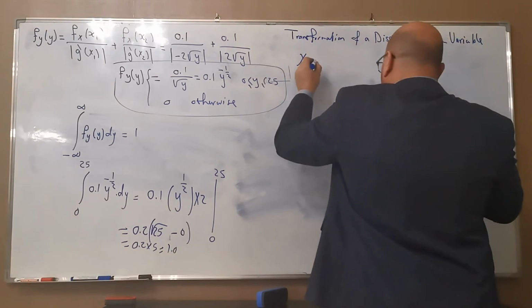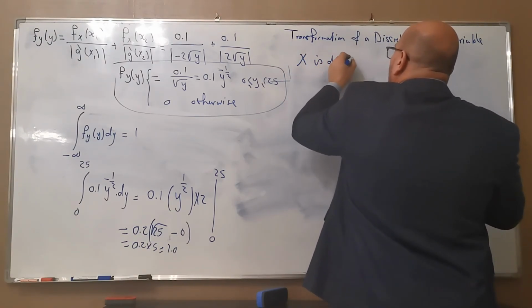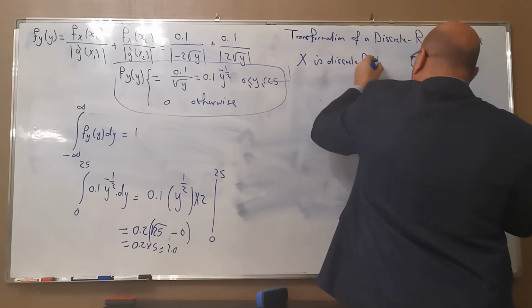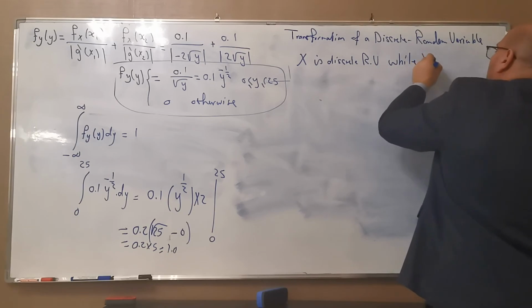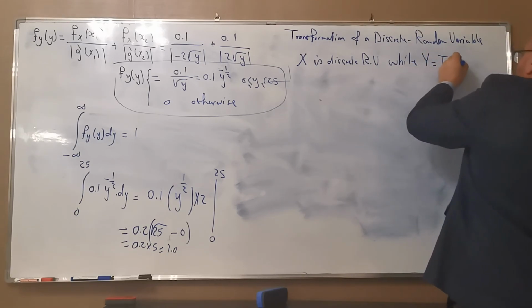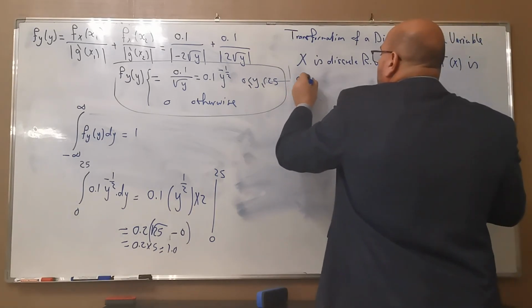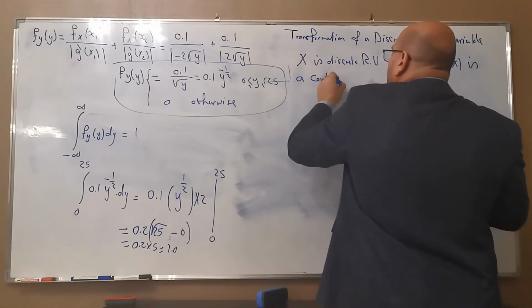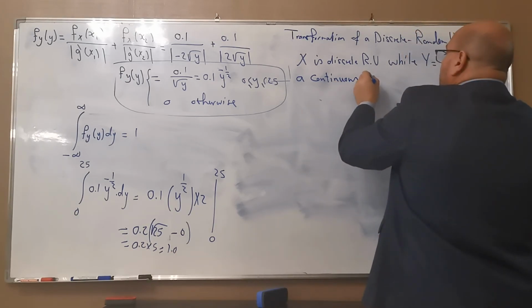So we have x as a discrete random variable, while y equals t of x, or g of x, is a continuous transformation or function.